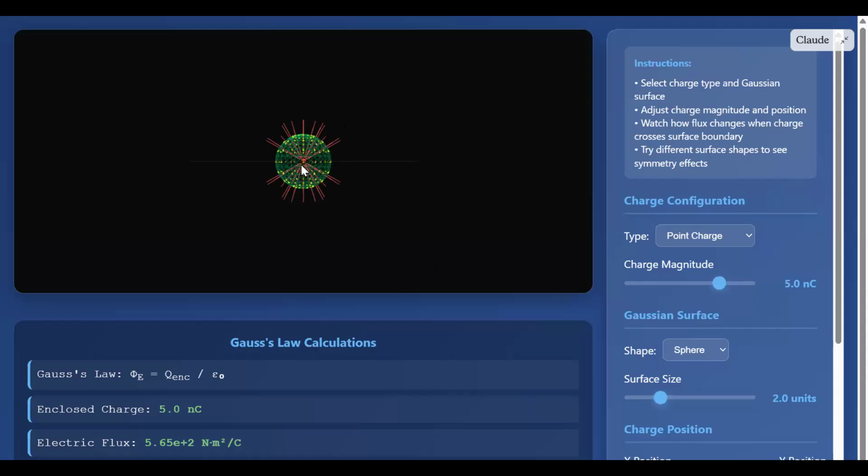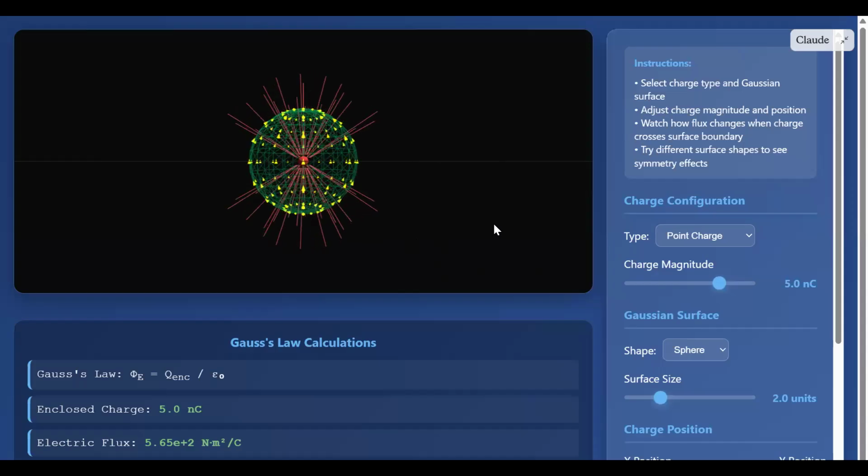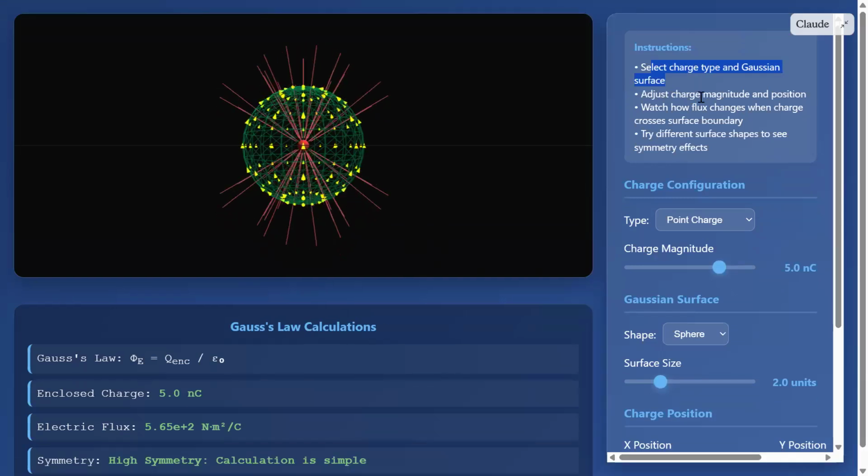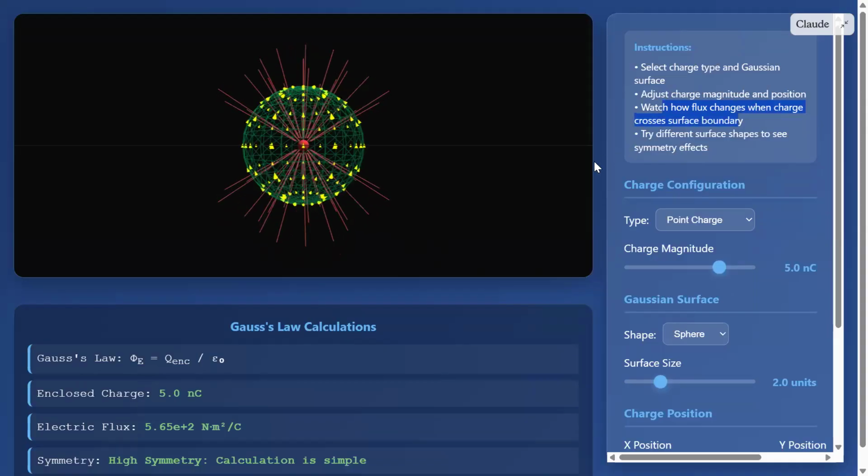So here you can see one animation. Before that, the instructions: select a charge type, Gaussian surface, adjust the charge magnitude and position. Watch how flux changes when the charge crosses the surface boundary.